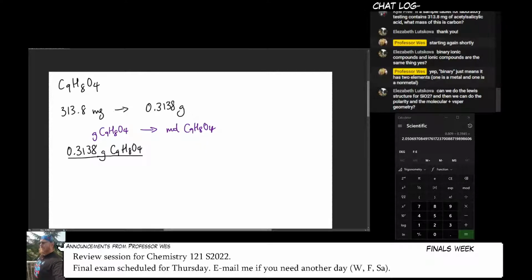And then I know that from moles of however much of this I have, I could get moles of individual parts. So I could say, for example, 9 moles of carbon per C9H8O4, or 8 moles of hydrogen, or 4 moles of oxygen. And we can tell that because of these coefficients, right? Well, we want carbon for this problem, so we could figure out the mass. So let's do that.